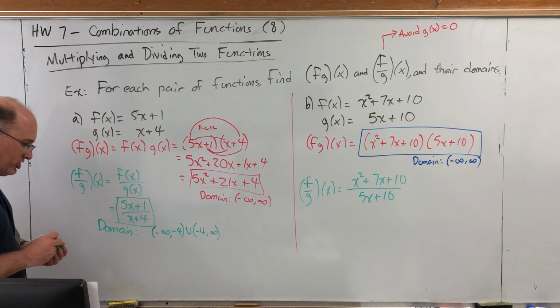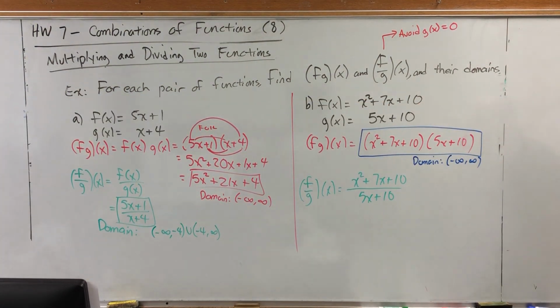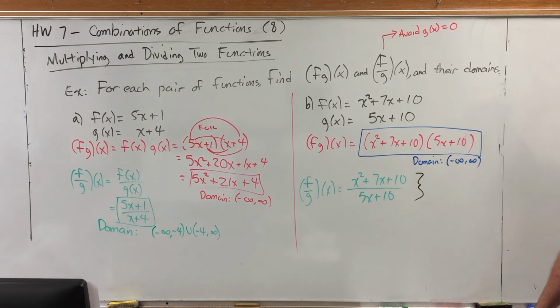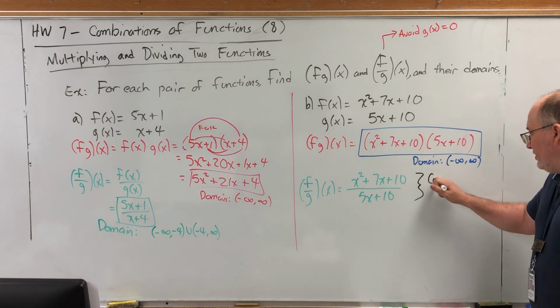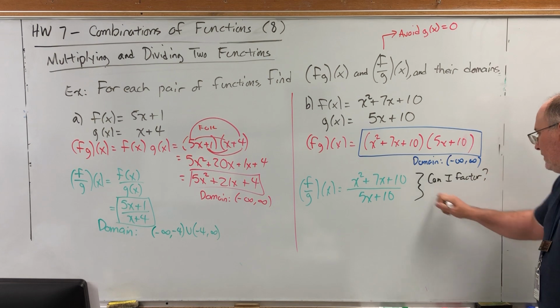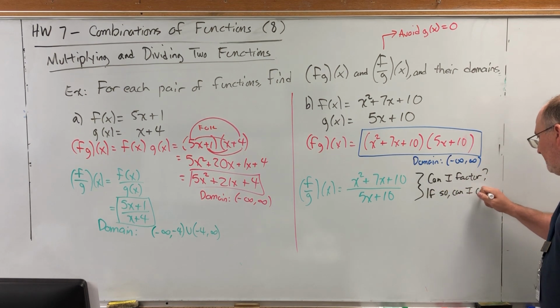However, and this does show up at least once in your homework, you can cancel parts of multiplication problems. So when you run into a fraction like this, the question you should ask yourself is, can I factor? If so, can I cancel?